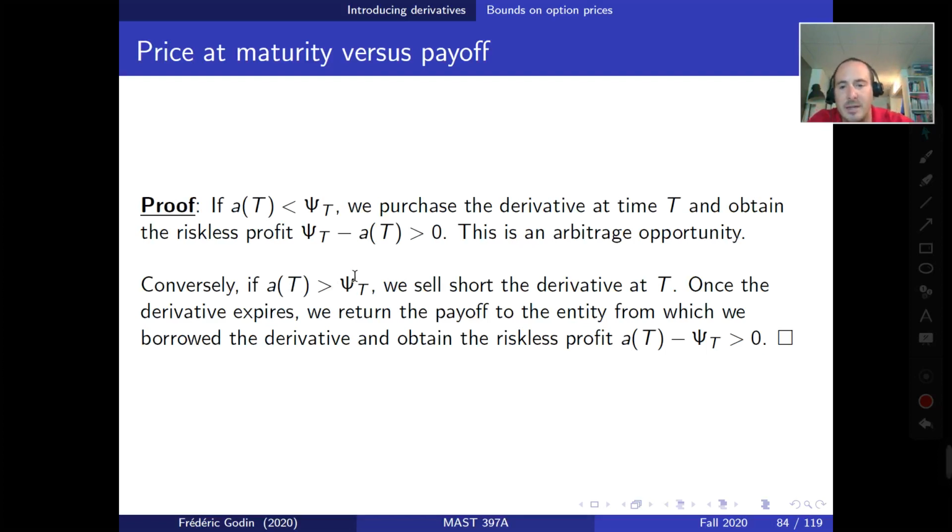So you'll have to return the payoff psi_T. So your net cash flow from that transaction would be you receive the option price and you pay its payoff, which is greater than zero. So this again would be arbitrage. So the only possible value for the price at the maturity of a derivative is its payoff.